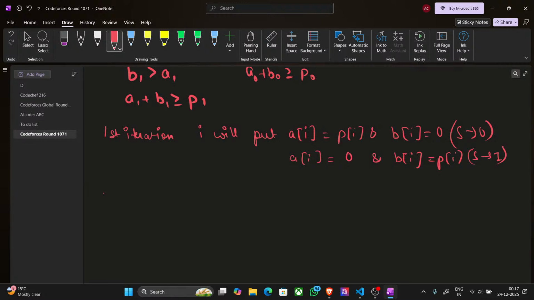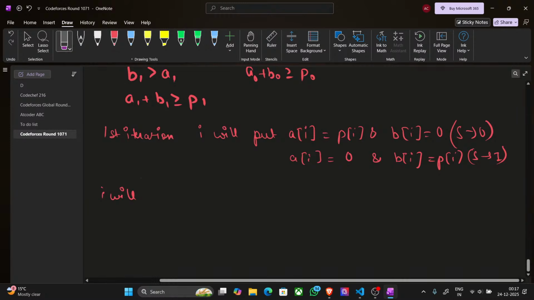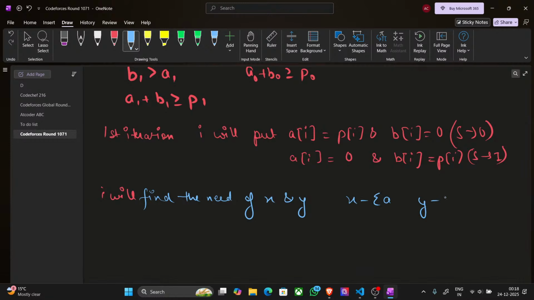After that, I will find the need of X and Y, how much X and Y are left, which will be just X minus summation of A and Y minus summation of B.